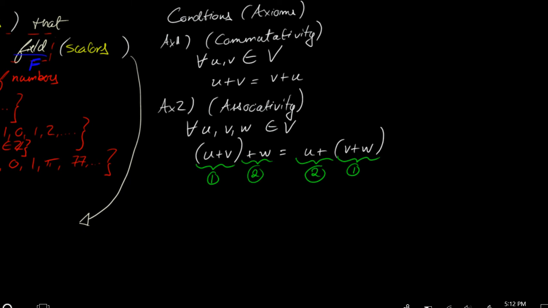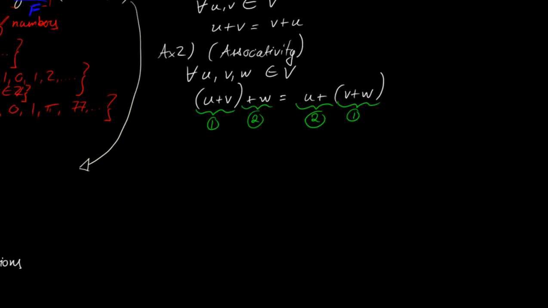The third axiom, the third condition, is the existence of a zero vector. What on earth is a zero vector?